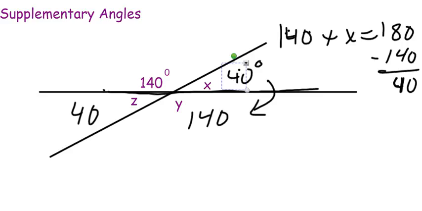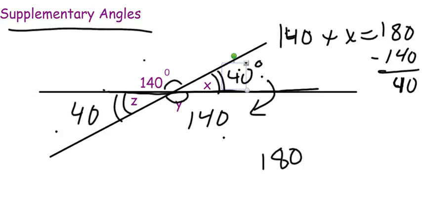Using this idea of the 180 degree straight line, I can find these supplementary angles. The other thing we start to see is a relationship between this angle and this angle, just like there's a relationship between this angle and this angle. 40 degrees, 140, 140. So there is that relationship you can look for also, but it's all based on our principle of supplementary angles.